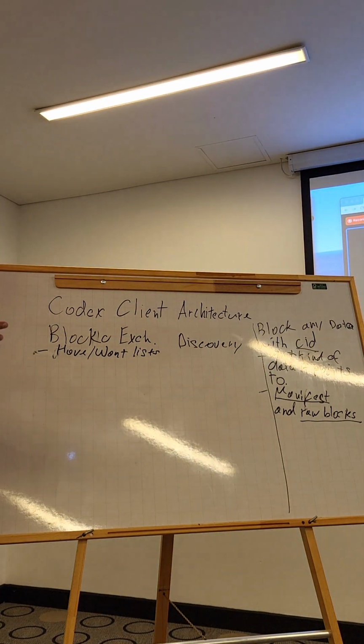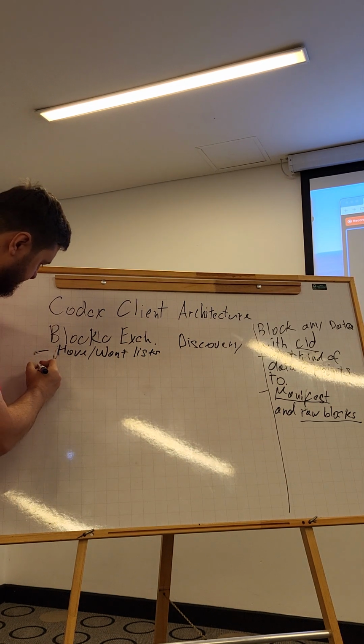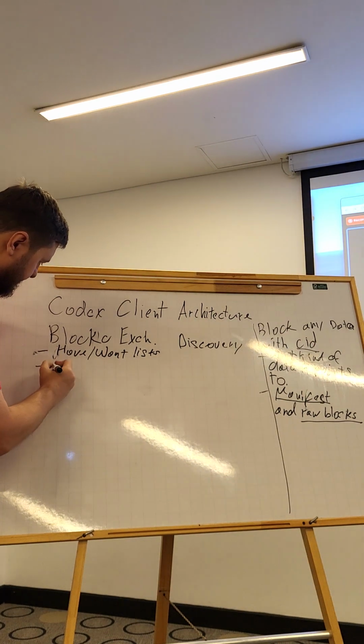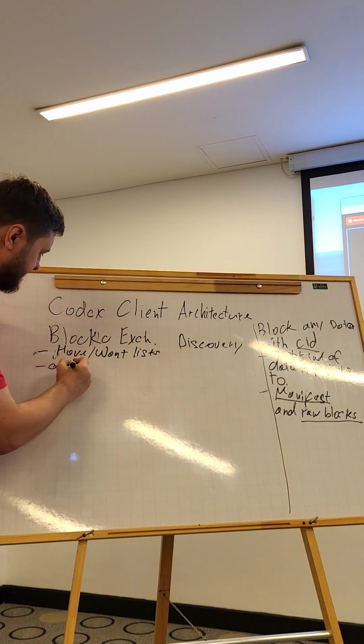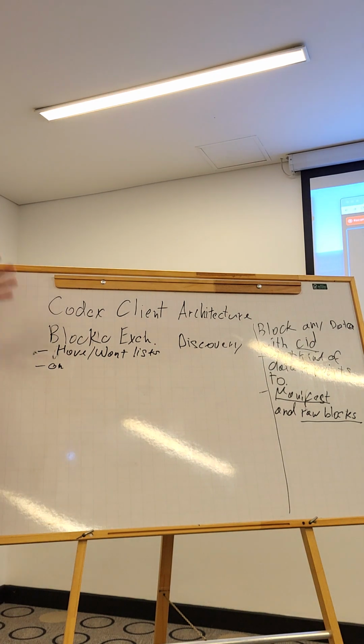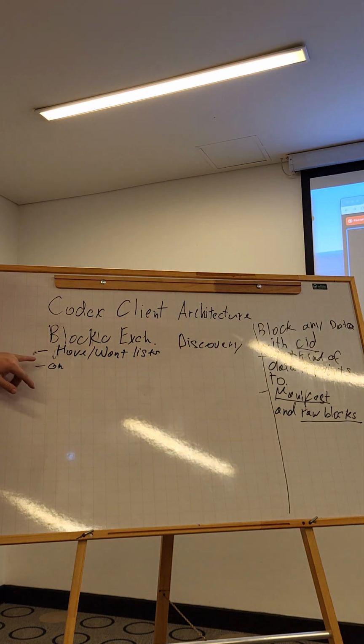What happens on connect when two nodes connect? This is why it's important to understand this piece: a lot of these interactions are triggered on connect. Just by the mere fact of connecting to a node, you initiate a bunch of stuff.